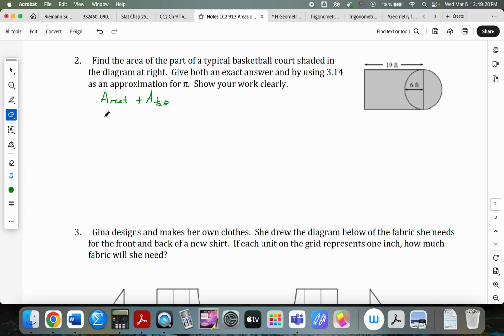So for the area of the rectangle, that's base times height, plus, if it's half a circle, it's going to be half of pi r squared. For the rectangle, base is 19. What is the height going to be? Why 12?